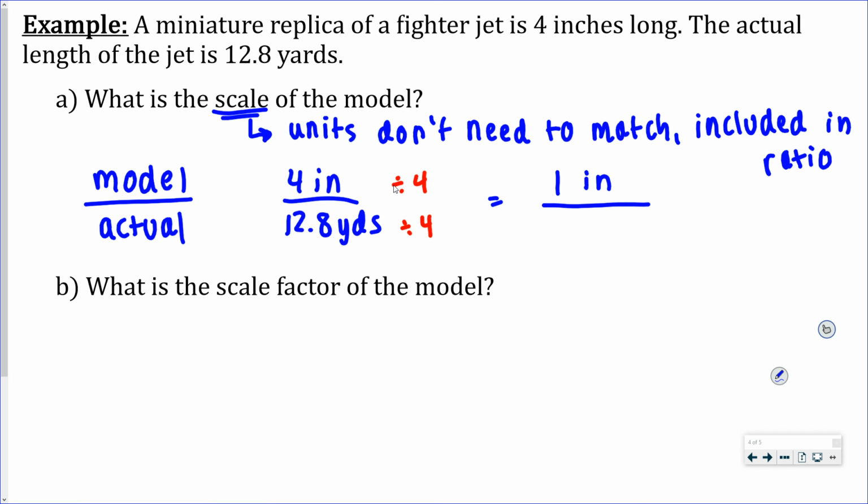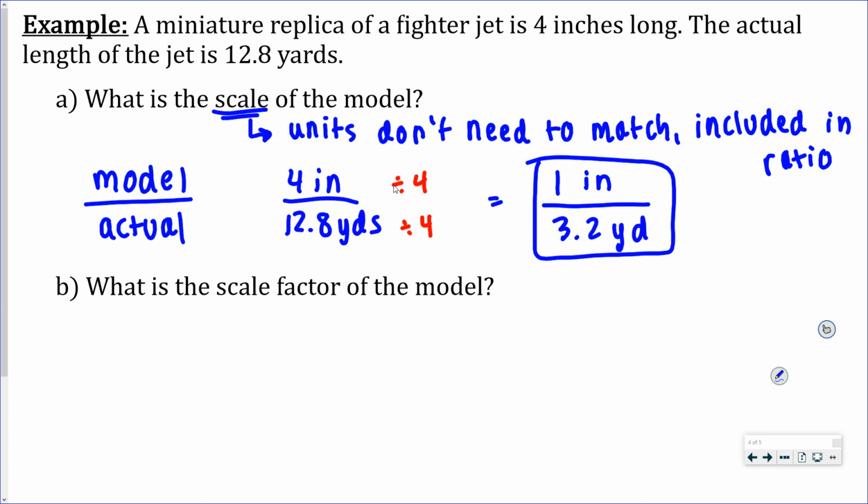And again, it's okay that it's in terms of yards. So 12.8 yards divided by 4 is 3.2 yards. That's technically a better answer: 1 inch on the replica jet corresponds to 3.2 yards on the actual jet. Okay, there's an example of the scale.